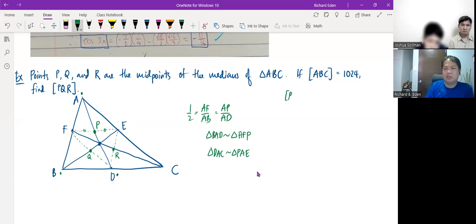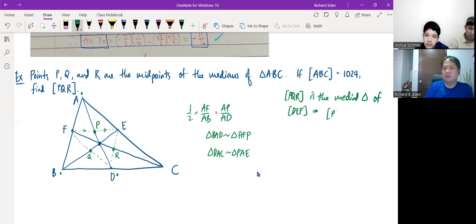PQR is the medial triangle of DEF, so PQR has area one fourth of the area of DEF.